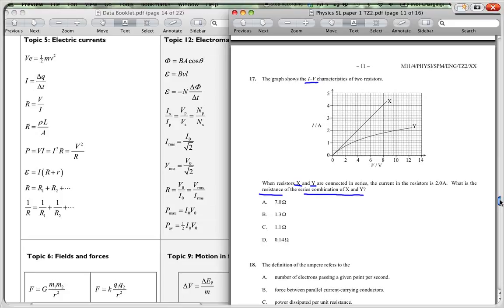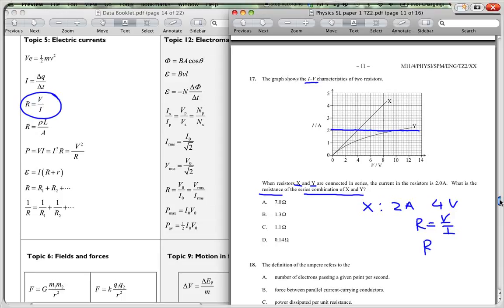So when we have 2 amps, we can use our graph to find the potential difference across each one. So for X, we have 2 amps and we have 4 volts, and R is equal to V over I from our Ohm's law formula.